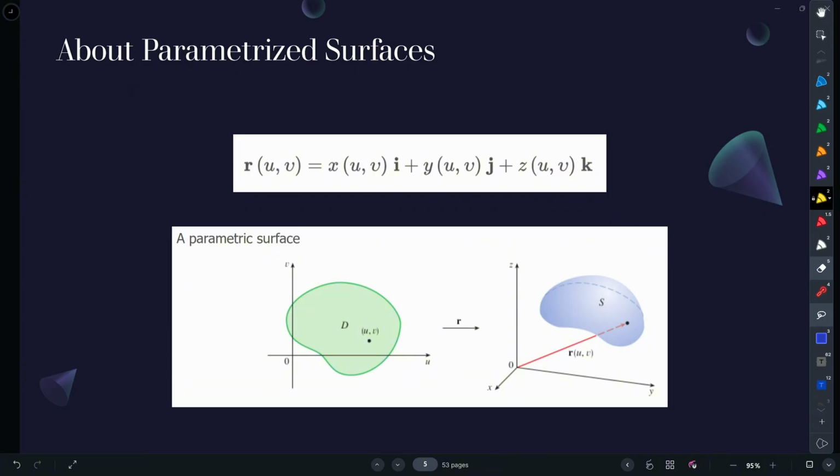What we're going to do is parameterize surfaces using a parameterization very much like we did parameterizations of curves.